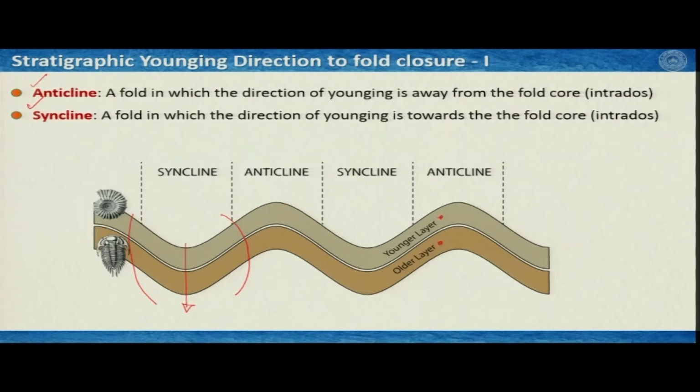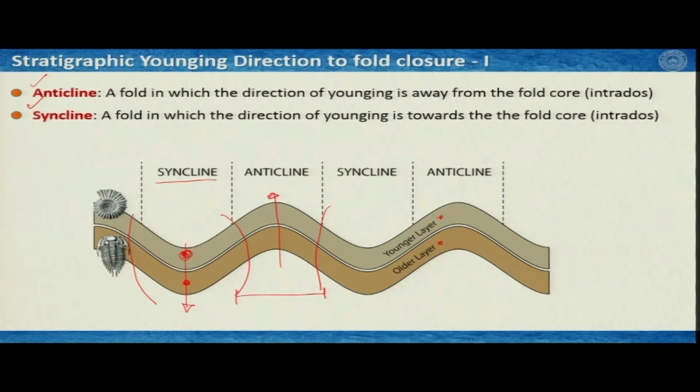Now in this synform, the Younging direction, or the younger layer, is towards the fold core. So this is the Younging layer and this is the older layer. If the Younging layer is towards the fold core, then we call it a syncline. But in the next wave, if we consider this particular wave, what we see is that it is closing upward.